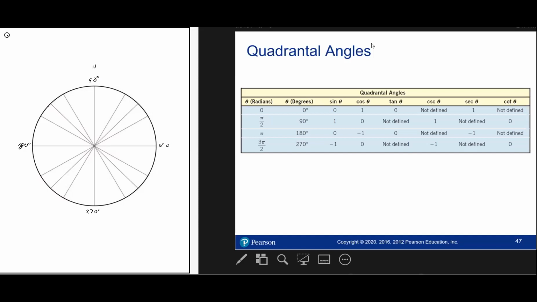And this is pi over 2 up here, and this is pi over here, and this is 3/2 pi. Halfway between here and here is 45 degrees. And so then we have the 45-degree angles. We have 45 degrees and we have, what is this? 135. I add 45 to 90.